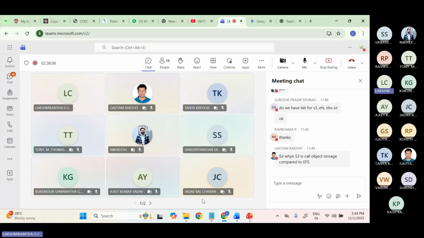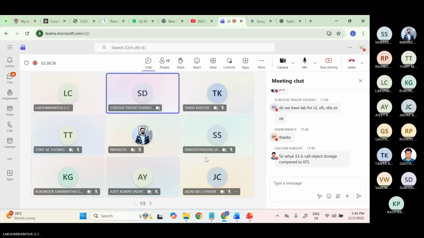Sir, why is S3 called object storage compared to EFS? Yes, Gautam is asking a very good question. Can anyone of you answer Gautam's question? I think that point I've discussed, right? Yes, sir. Should I answer?